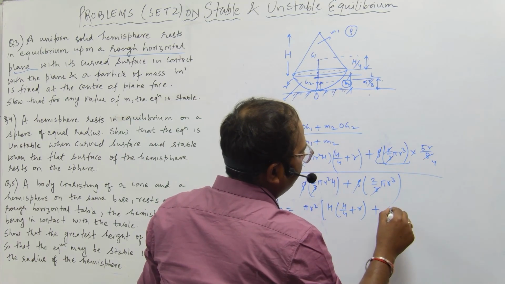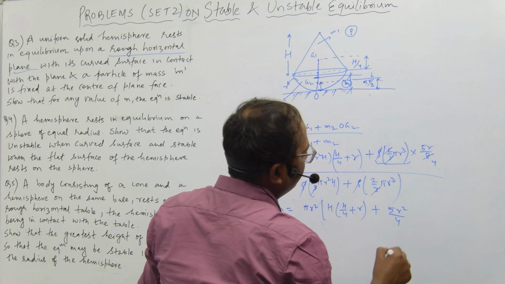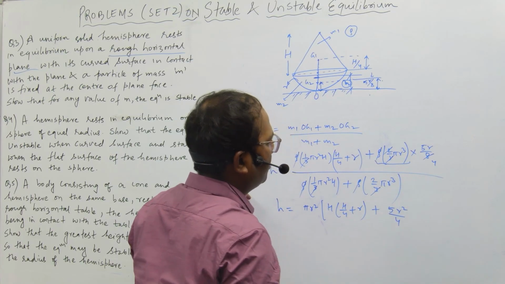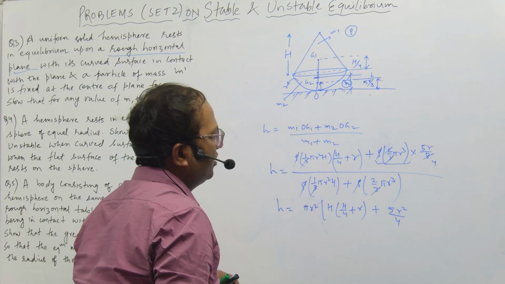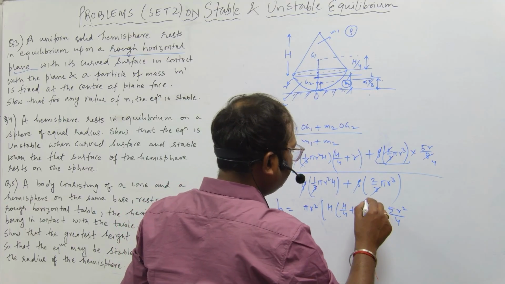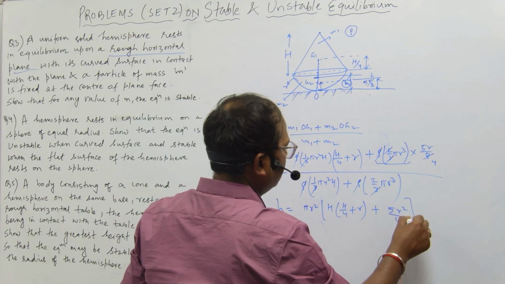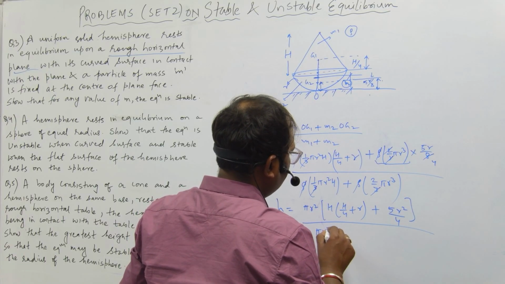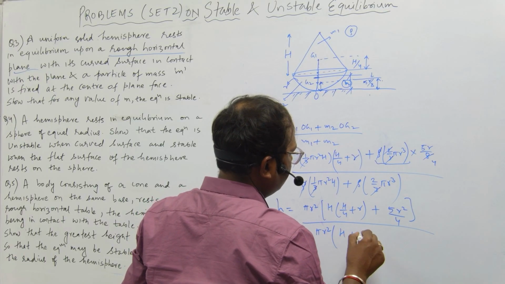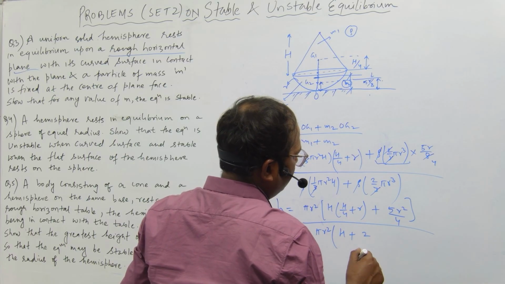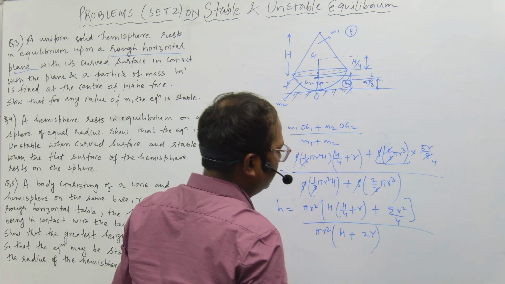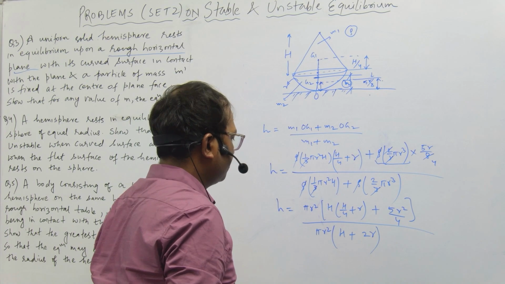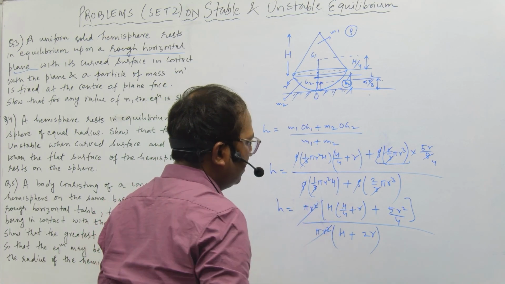So this is 5r square upon 4. Pi r square we have taken out, so we have r. So 5r square upon 4, upon, let us take pi r square out. So this is H plus 2r. Pi r square we have taken out, so this pi r square gets cancelled.